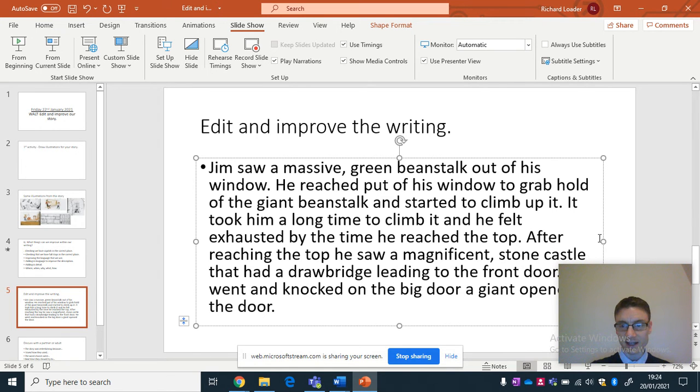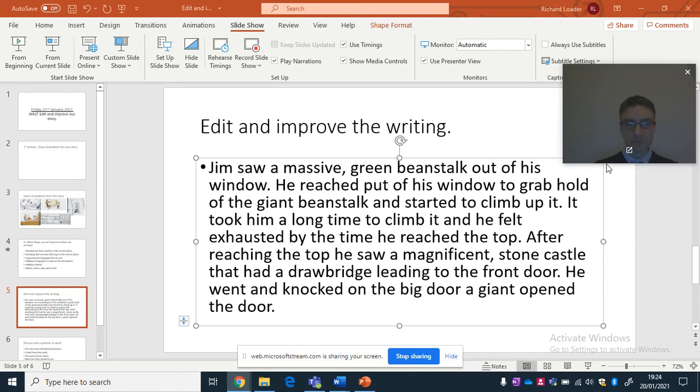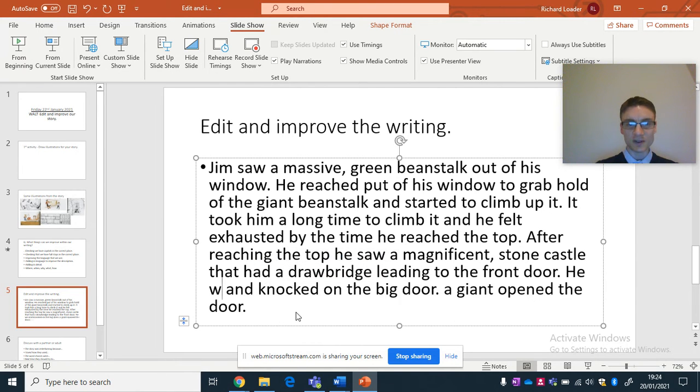All these things are adding in. It makes it more interesting for the reader, doesn't it? So I'm just going to have to move my screen. He went and knocked on the big door. A giant opened it. Right, again, so you can see there, I did actually pause, didn't I? So he went. Instead of went, could we use rushed? Use a different verb.